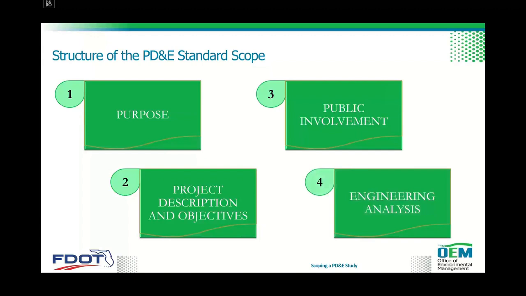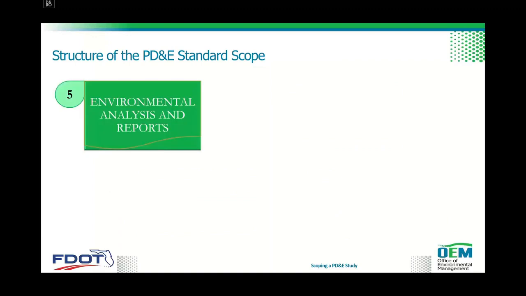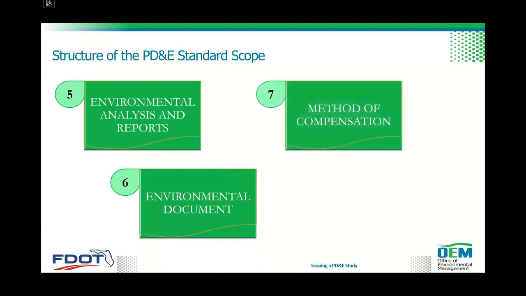Then, of course, you need to include the engineering analysis, which includes the development and evaluation of alternatives. Then it also needs to include the environmental analysis and the development of the different reports, including the development of the environmental document and therefore the coordination with OEM for approval.